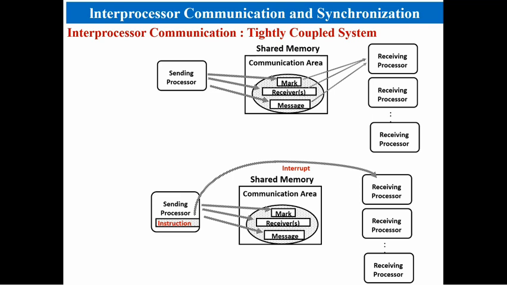Because there are many processors, the sending processor has to send an interrupt signal to the particular receiving processor for which the message is intended. Once the receiving processor sees the interrupt signal, it has to check the status bits, and check whether that message belongs to that particular receiver. Then it is going to read the message. This is how the processors communicate through the common shared memory.